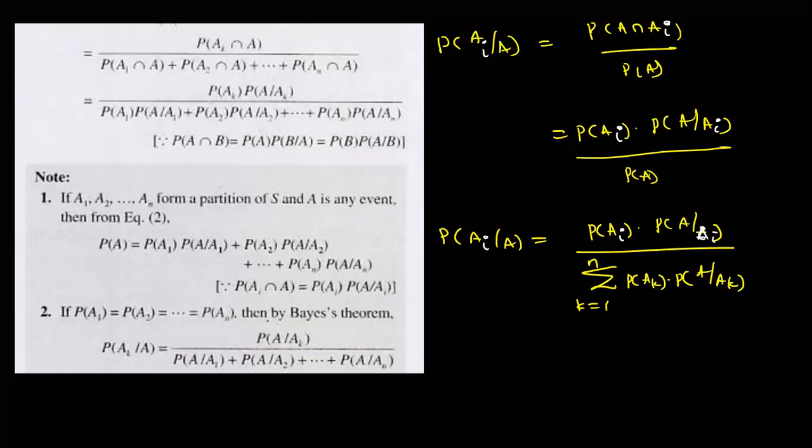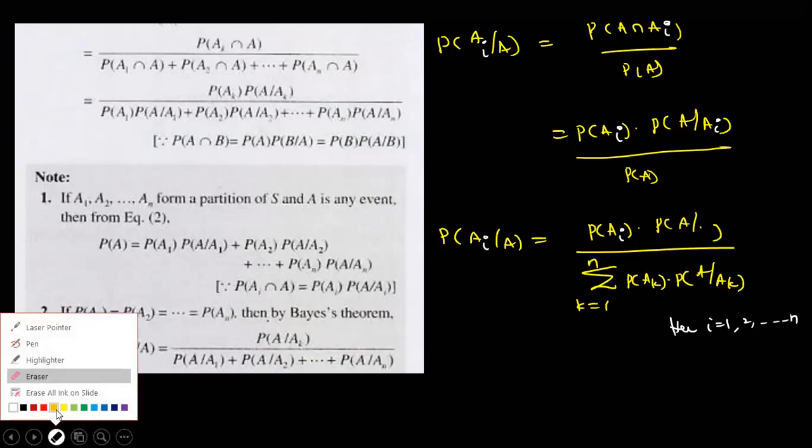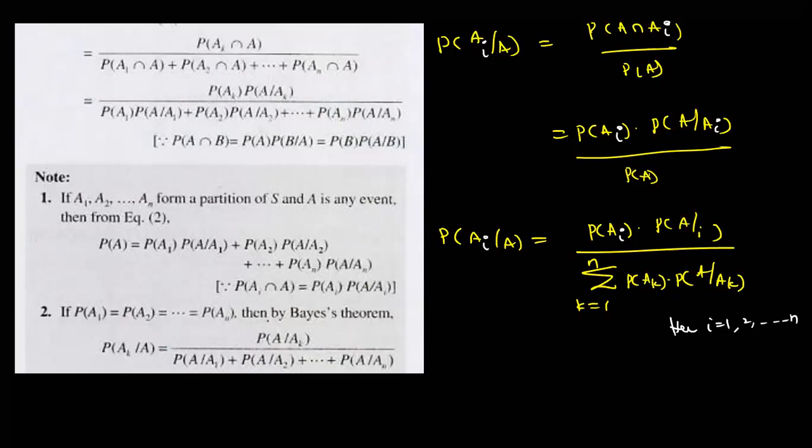So here I can be anything. Here I means 1, 2, 3, up to N. So please write down this one.